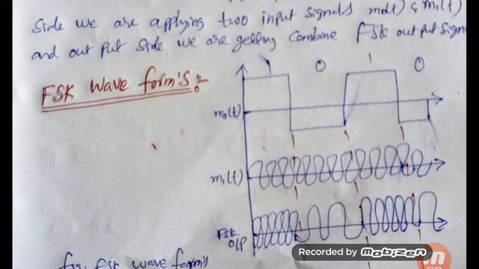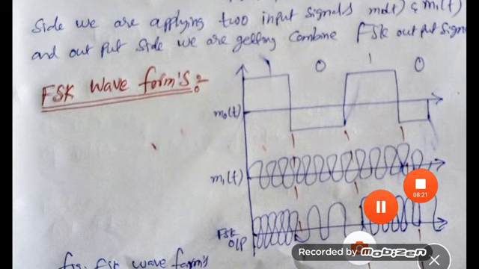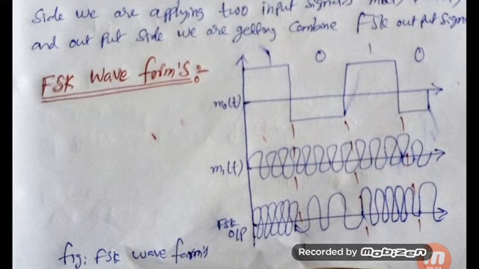It converts the amplitude of the carrier with respect to time, with respect to frequency. So this is the internal operation of the FSK modulator. This is the operation of frequency shift keying.